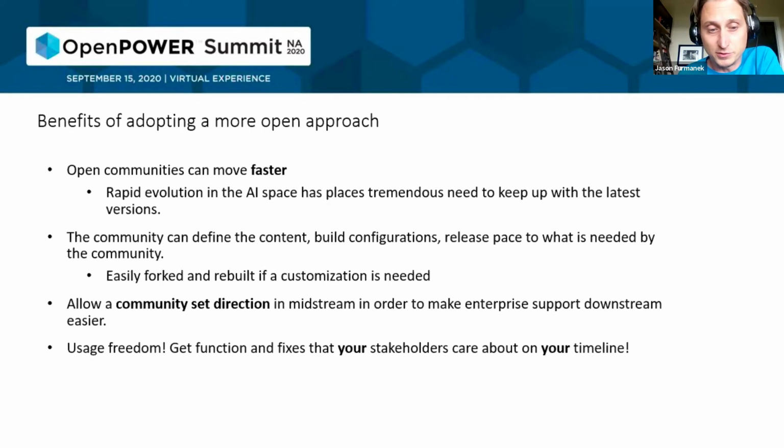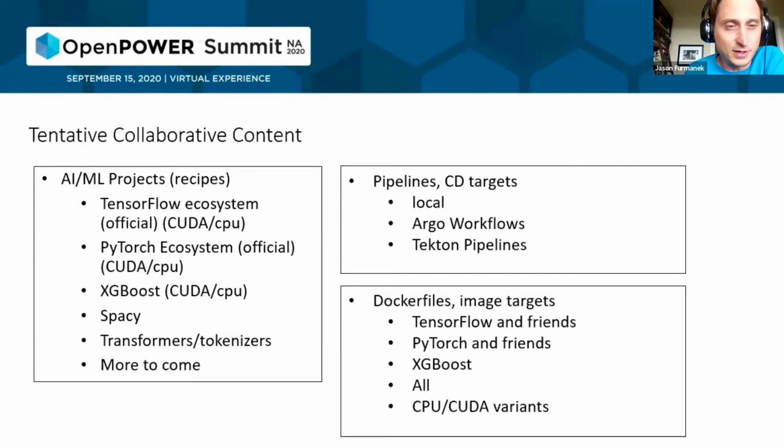So you need it to be as good as possible, as fast as possible, and you need it to solve everybody's problems. And just general usage freedom: you want the fixes that you want, when you want it, how you want it.